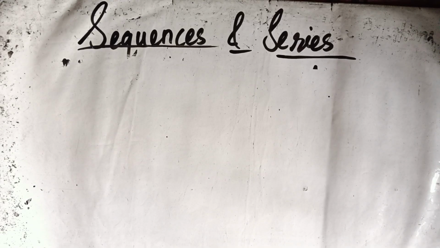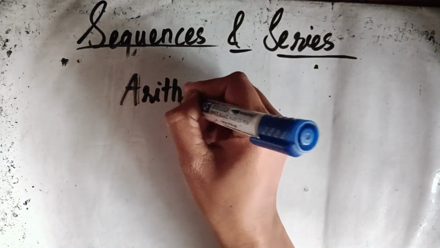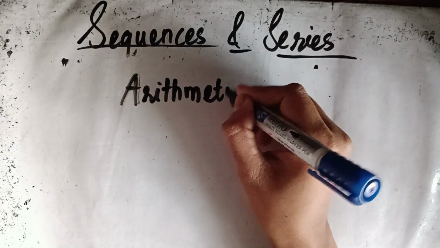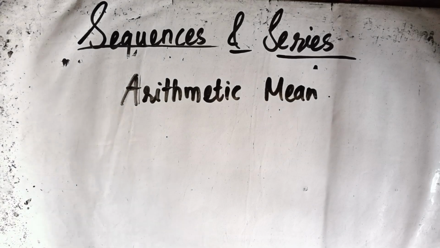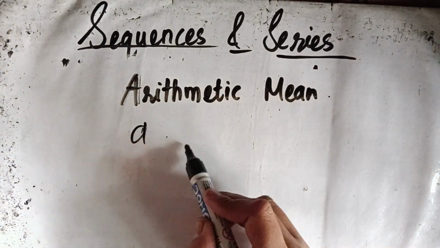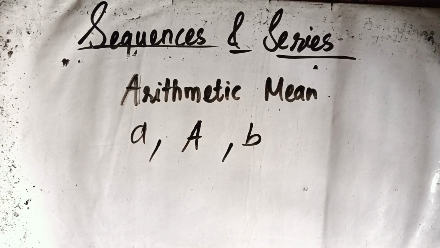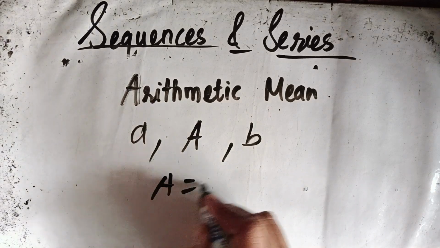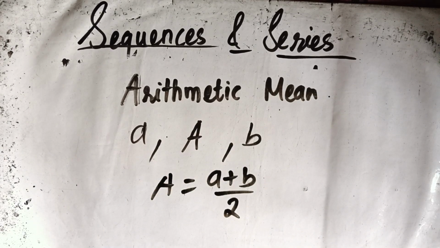Next subtopic is arithmetic mean. Okay. So if there are two numbers, say A and B, we can insert a number in between A and B, and this is called arithmetic mean, given by A plus B by 2. That is the mean of the two numbers.